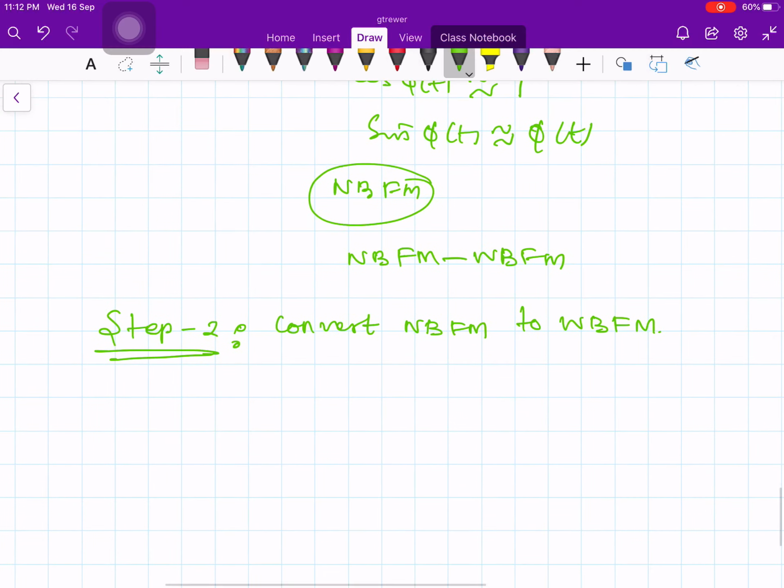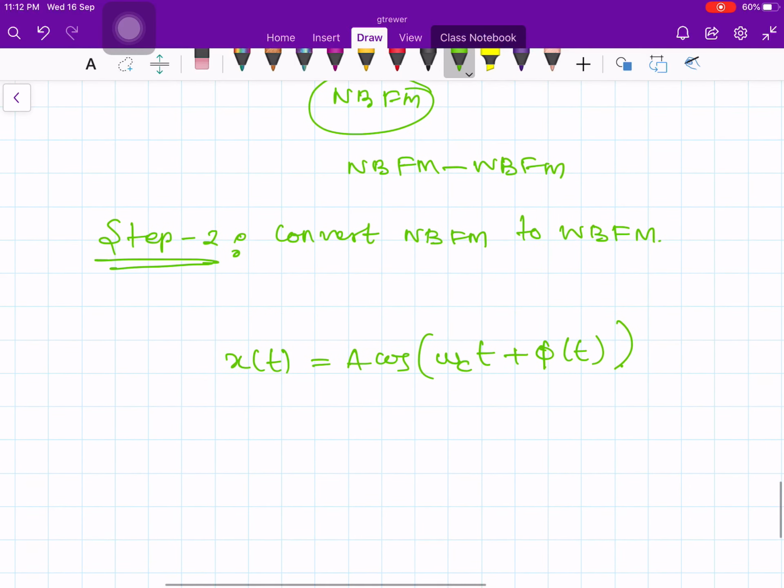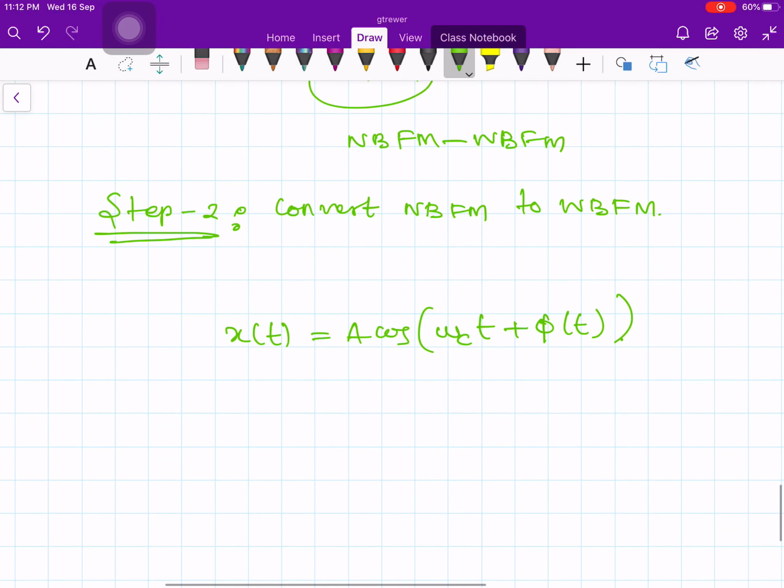Let's go back to our definition. X of t is equal to A times cosine of omega ct plus phi of t. The assumption that we made was that phi of t is very small.